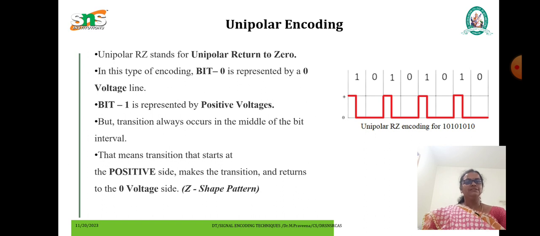That means the signal starts at the positive side and returns to the zero voltage side, so it will be in the shape of a Z. So it is called a Z shape pattern. This unipolar encoding is called a Z shape pattern.